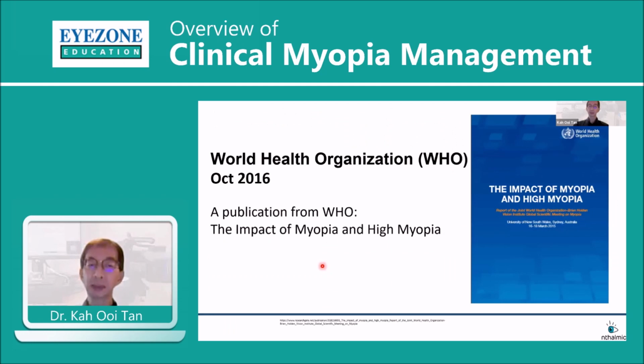So in 2016, the World Health Organization put together a paper entitled The Impact of Myopia and High Myopia, published on the WHO website. That was a result of a scientific meeting called by the late Professor Brien Holden. In the past, WHO focused mainly on other ocular diseases, such as cataract, glaucoma, etc., which lead to vision impairment and blindness.